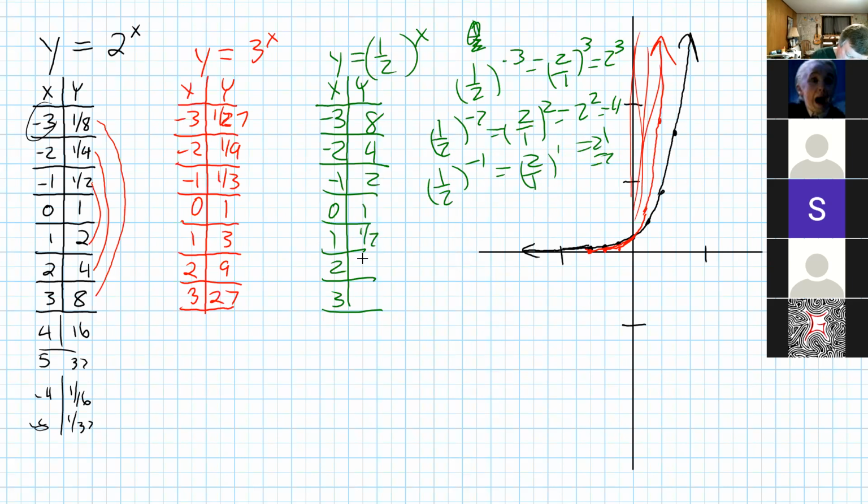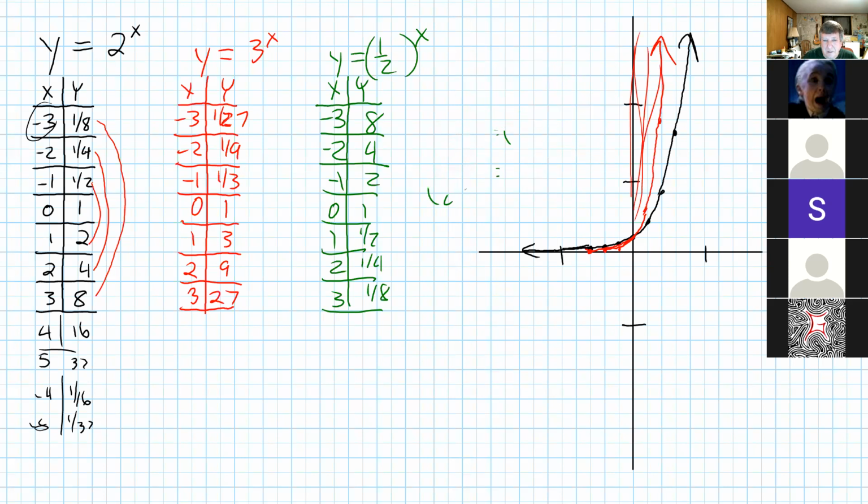1, a half, a fourth, an eighth. Okay, and again, I'm just trying to save some time in my calculations, but let's see what that thing would look like. X is -3, y is 8.